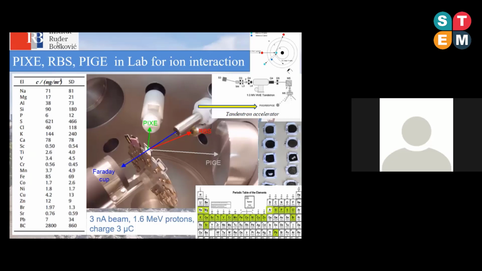At the Ruđer Bošković Institute, we use PIGE and RBS techniques. We use a current of 3 nanoamperes beam, energy of protons, and collected charge. We obtained 22 elements from sodium to lead by GUPIX.